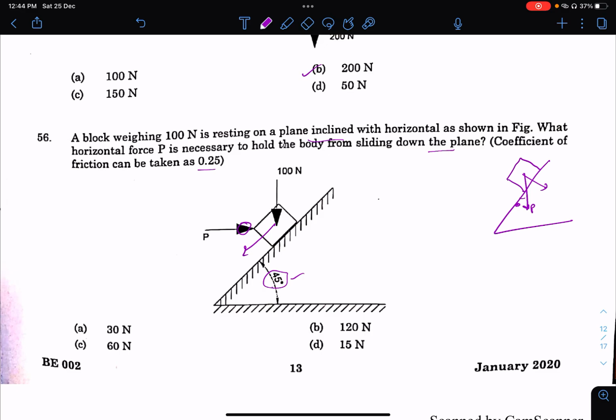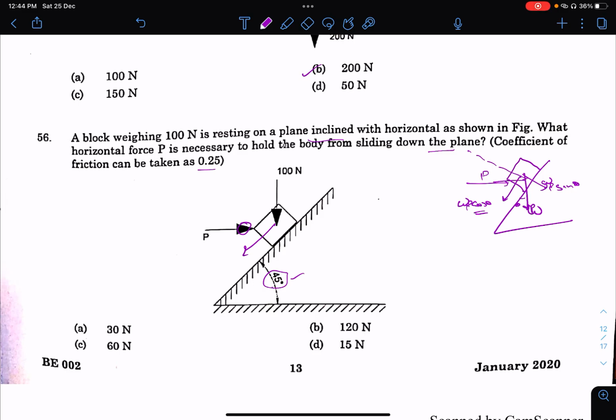Then the component is P sin theta and this is P cos theta, and this is P. I will balance the forces about this point. This is W, so this is W sin theta, this is W cos theta.